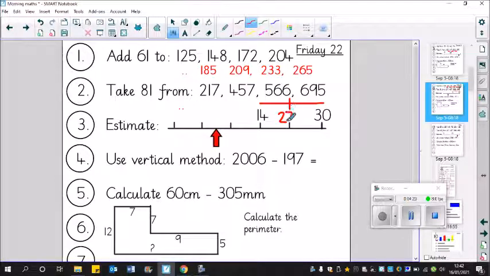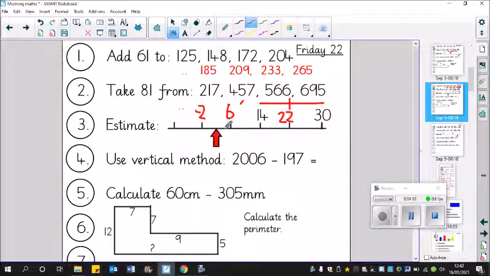And that also means that 22 add 8 equals 30, and it does, so therefore we're correct about that. So this is interesting, if this is 14, then this must be 14 take away 8, which is 6, and this must be 6 take away 8, which is minus 2.